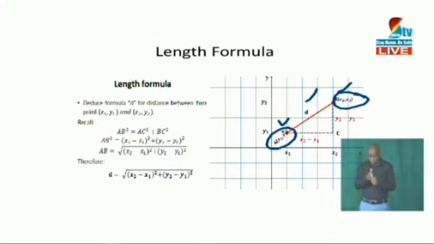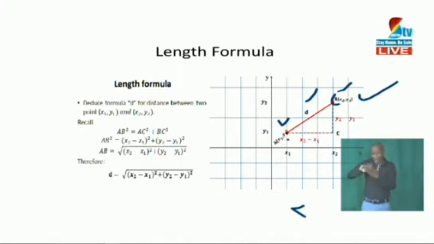We have our first coordinate. Because we are coming up with a formula, we are generalizing. So we have marked our first coordinate as (x1, y1), and our second coordinate B is (x2, y2).